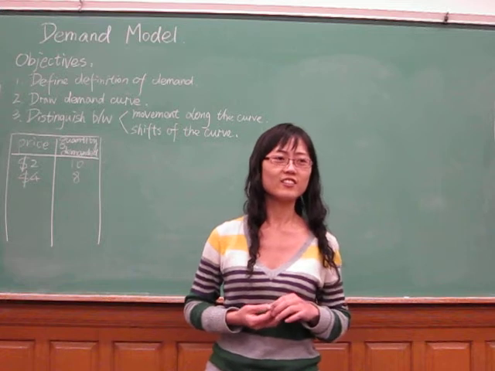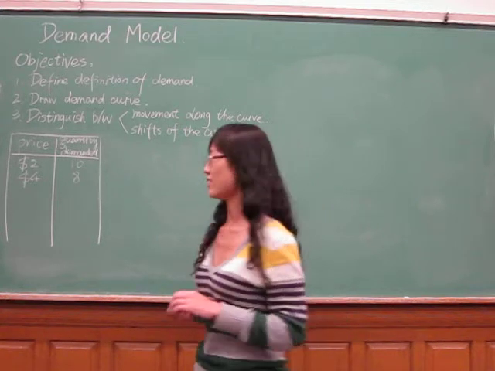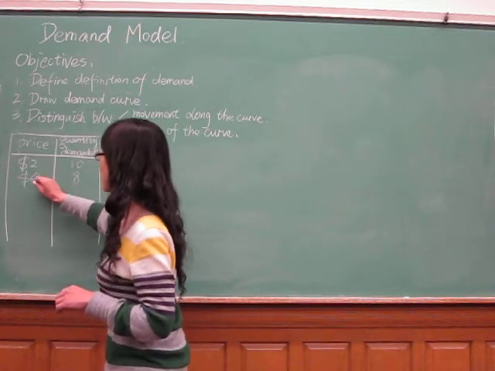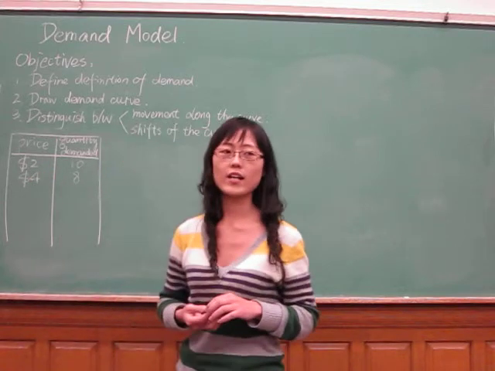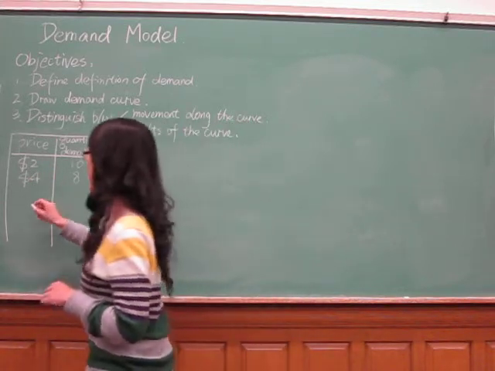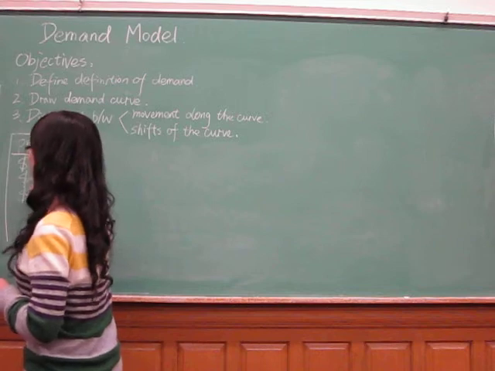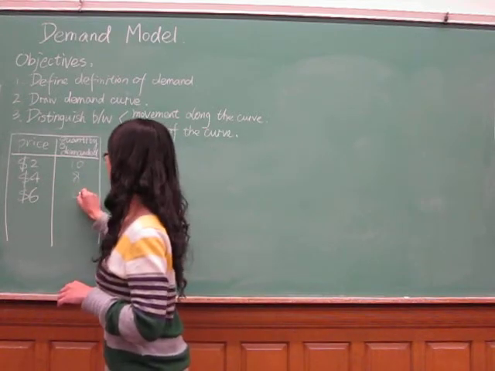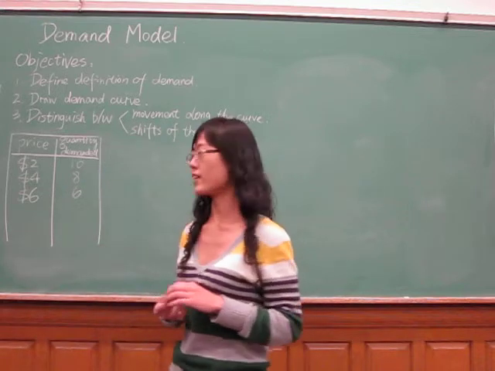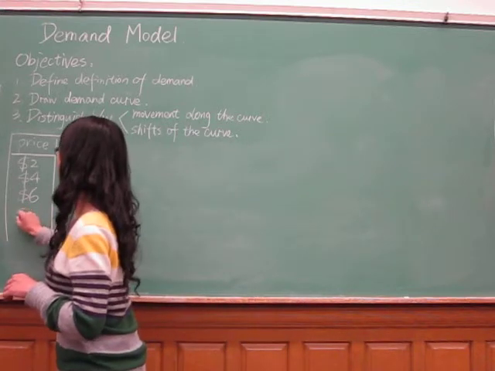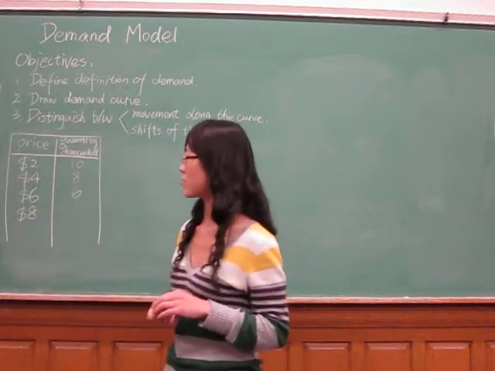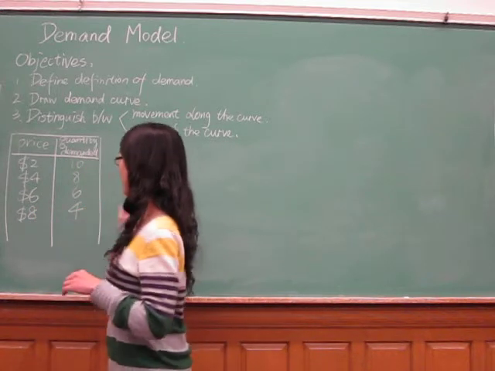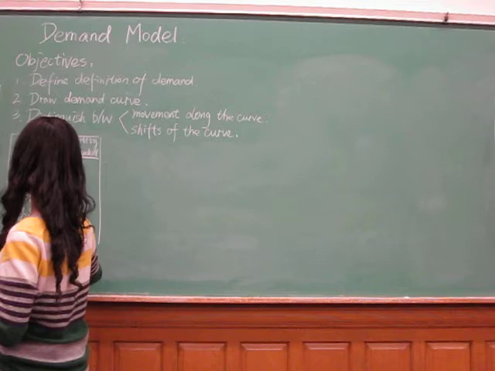Because the coffee is more expensive, so he is not willing to buy as much. Now the price goes up again, and he's willing to buy even fewer cups. At $8, 4 cups of coffee, and at $10, 2 cups.